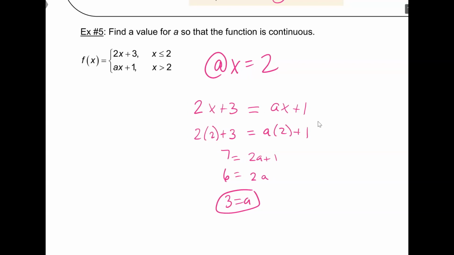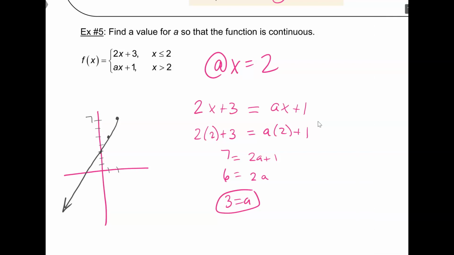Good job. So roughly, this is what the first part of my graph looks like. And what we really wanted to do was figure out how to make this continuous.